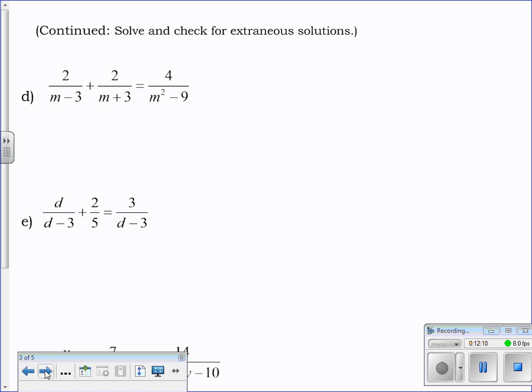Even if there are 3 or 4 fractions, if all the denominators are the same, I can just ignore them. So I need to get rid of my denominators by multiplying by the least common multiple. My first step is to factor anything I can factor. M squared minus 9 is m plus 3, m minus 3.